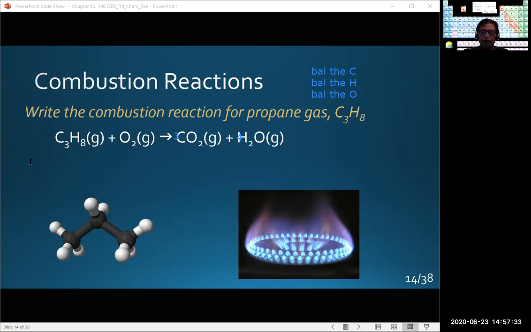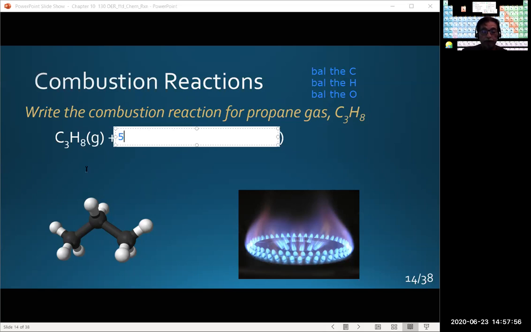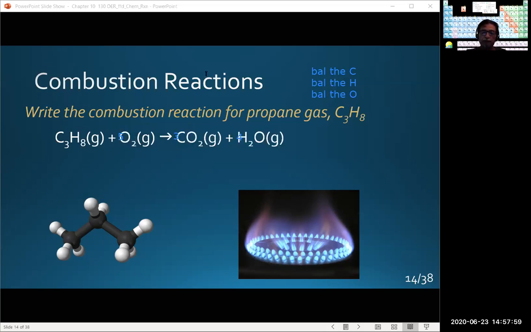Now we balance the oxygens. On the left-hand side, the reactants, we only have 2 oxygens, but we have 6 coming from carbon dioxide and 4 coming from water. So 6 plus 4 is 10, right? So we can put a 5 in front of O2, and guess what?